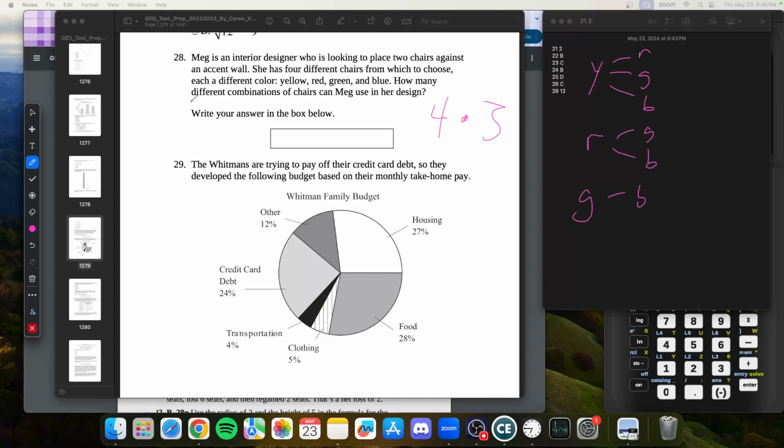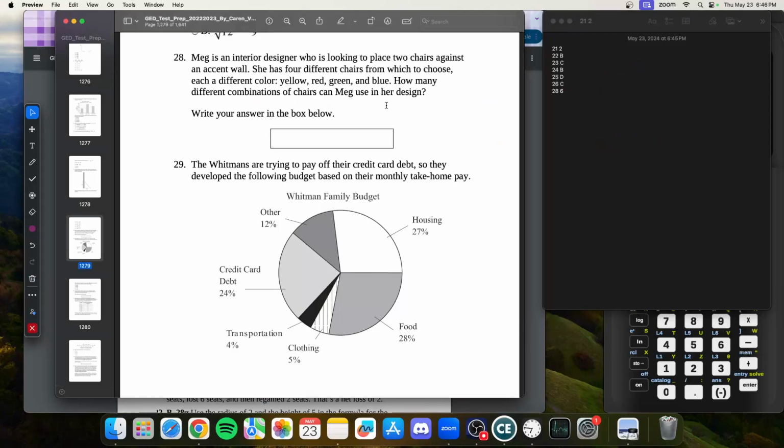How many different combinations of chairs? I feel like this implies 6, not 12. Yeah, at this point the issue is not the math. The issue is a failure in communication from Kaplan.